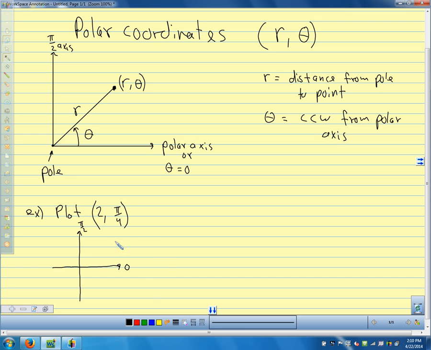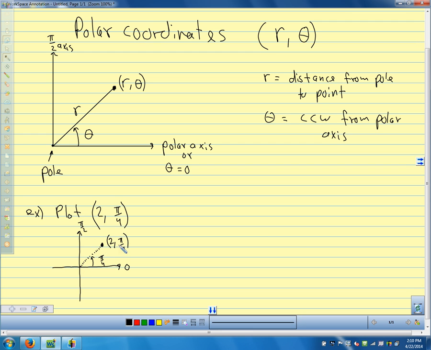This is saying that our angle is pi over 4, and that's the point (2, pi over 4). And what we're saying is the distance from the origin, from the pole, to the point is 2 units.